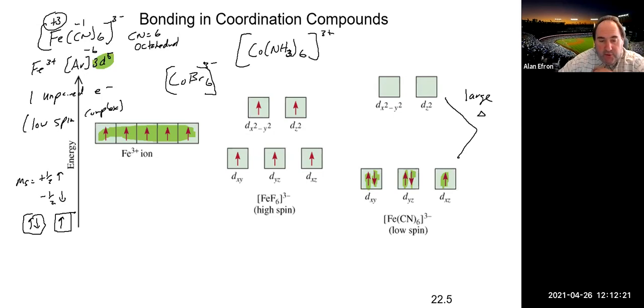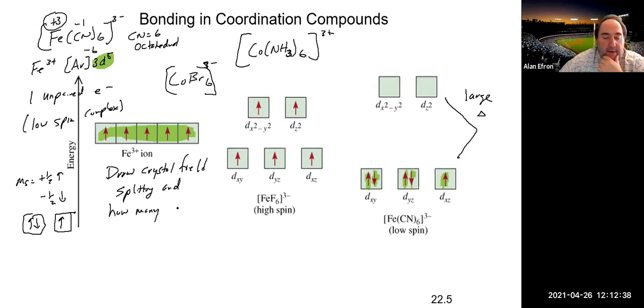Draw the crystal field splitting, that's these arrows and stuff, and also figure out how many unpaired electrons there are. I'll do it too because I just made it up, so we'll see how we did. Take a few minutes to see what you come up with.